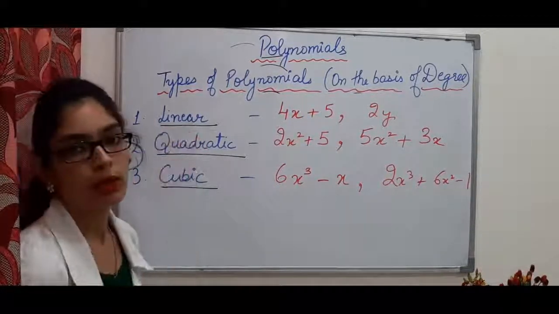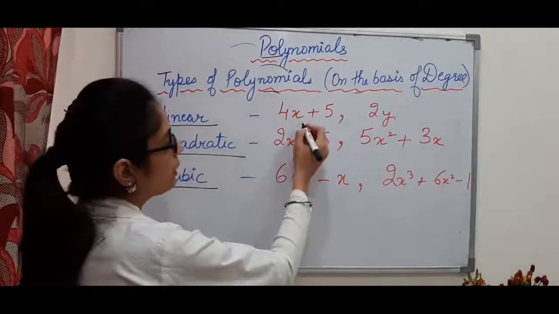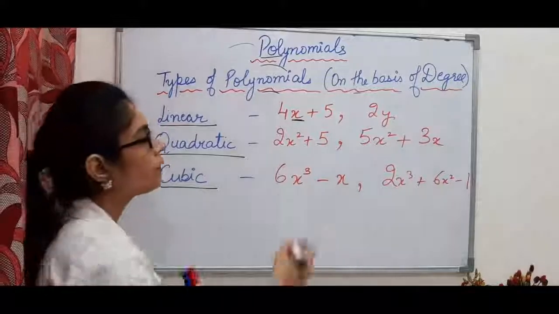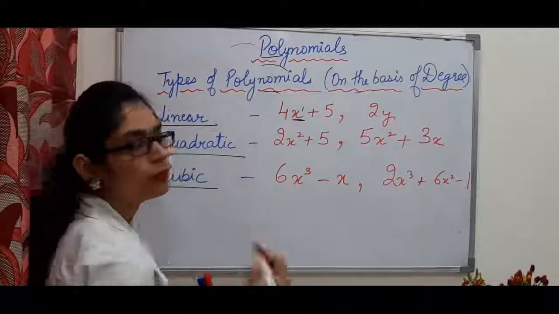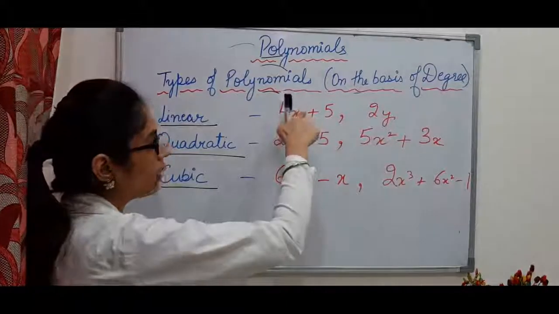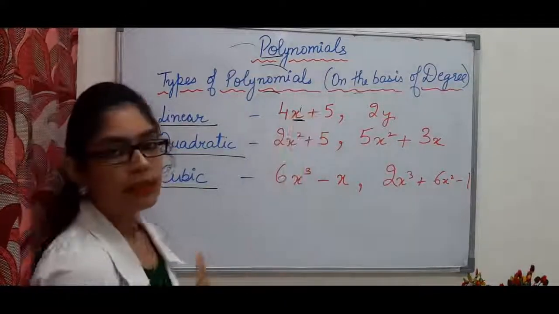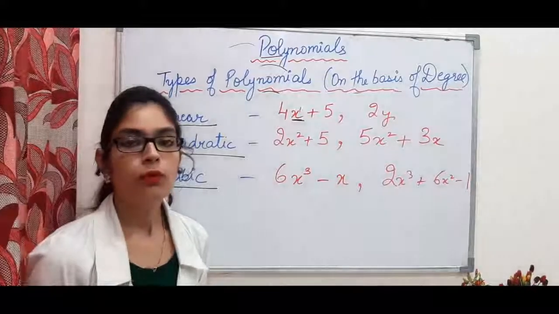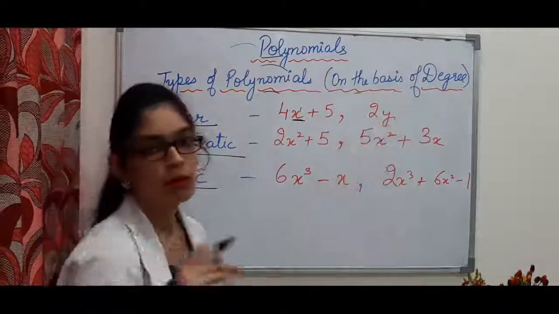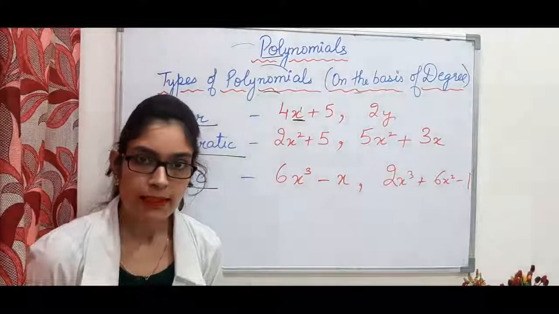In linear polynomial, the degree of the variable, see in this expression we have x as our variable and its degree is 1. Nothing is written, which means x is there only one time, so its degree is 1. Whenever the degree of the variable is 1, you don't have to see the terms. The number of terms are 2, the number of terms are 1. You don't have to see the number of terms.